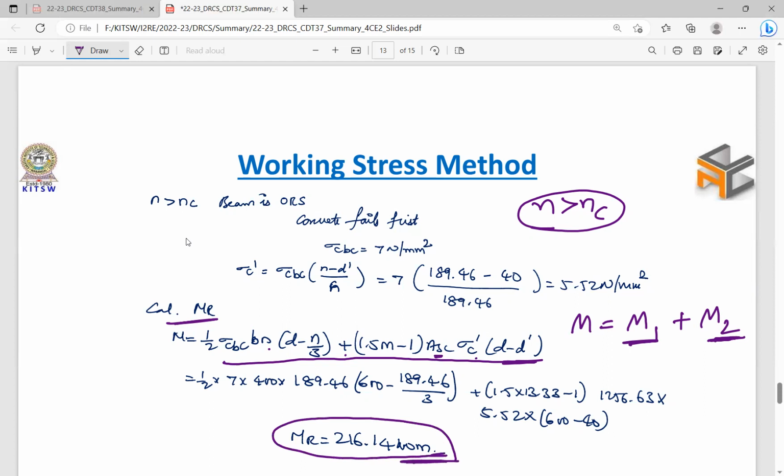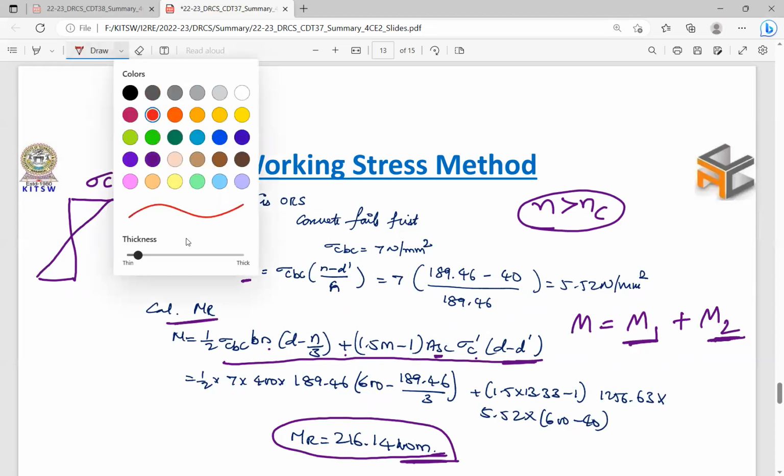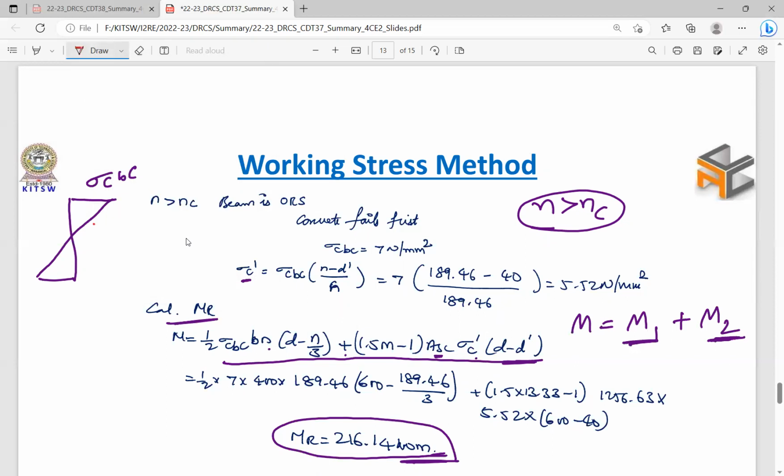That's it. For the calculation of sigma C dash, again we need to use the similar triangles concept. The top fiber stress is sigma CBC at this level. Reinforcement will be provided in the compression zone, and at this compression zone reinforcement level, we need to calculate sigma C dash.